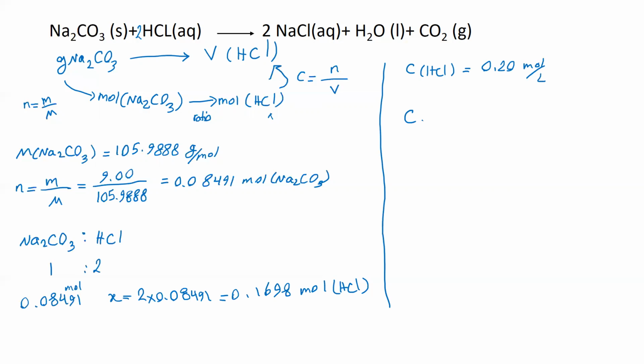So I substitute the numbers in the formula, n over V, and I can find the volume, which is equal to 0.849 liter, or I can say 849 milliliter. This was part A.